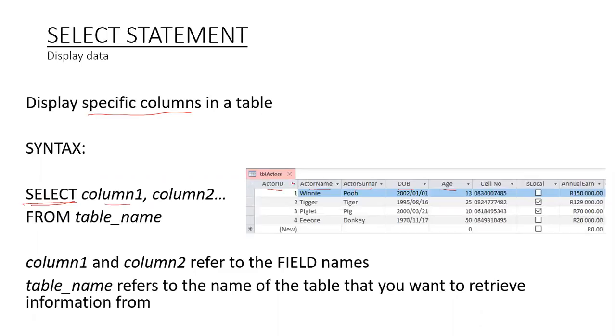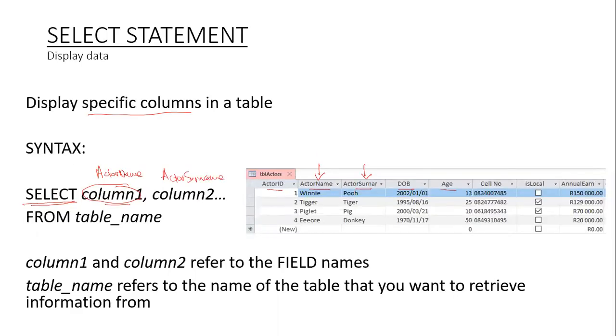In this case, if I want to display just the name, the actor name, and the actor surname, I would replace this with actor name, exactly as it is with no spaces, and actor surname.